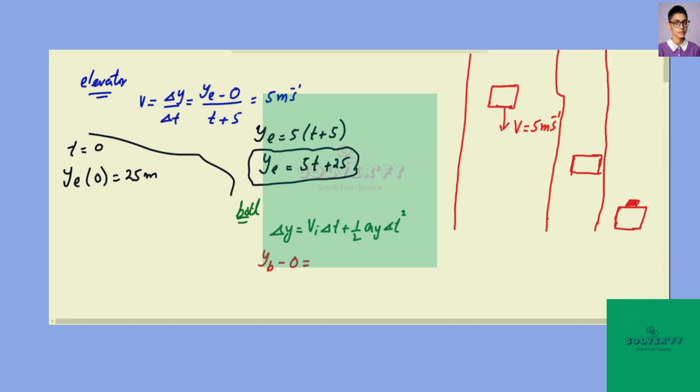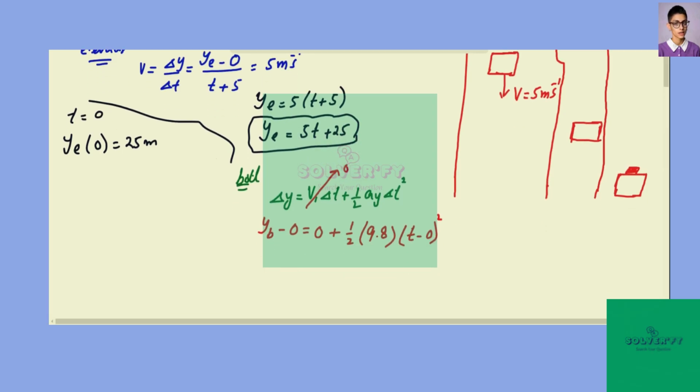As the bolt starts from rest, we will have initial velocity equal to 0. This gives us vi into delta t equal to 0 plus half into, as the bolt moves with the constant acceleration of gravity, acceleration equal to 9.8 meter per second square, and delta t equal to t minus 0 whole squared.